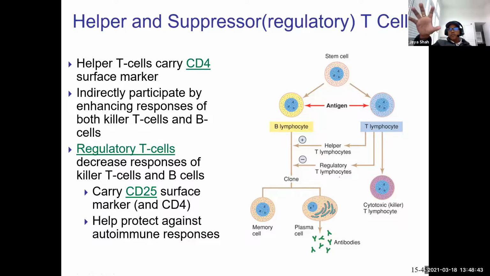They go to the infected cell directly, attach to it, produce perforin that makes the hole, and granzyme, which gets inside the cell and degrades their DNA and kills it.